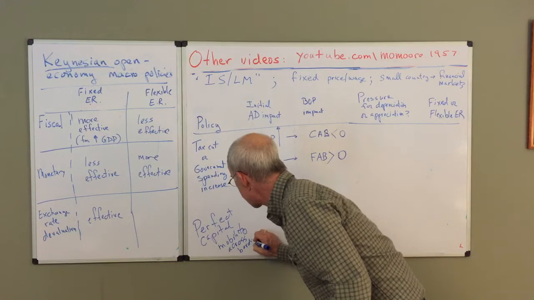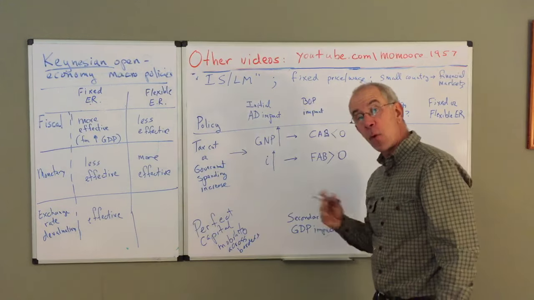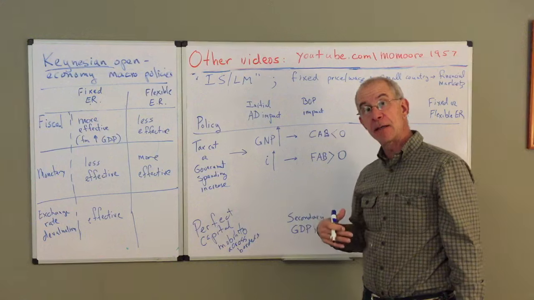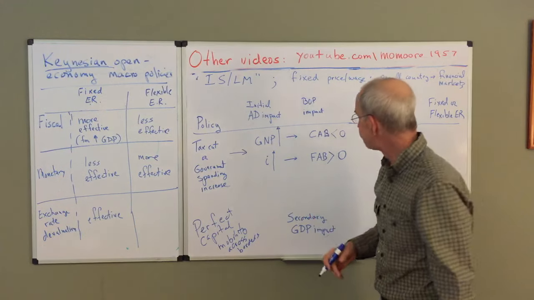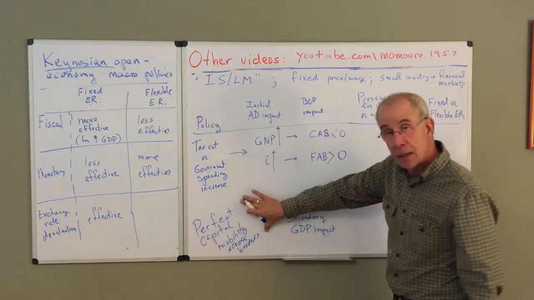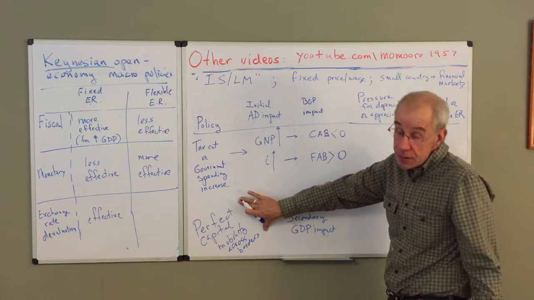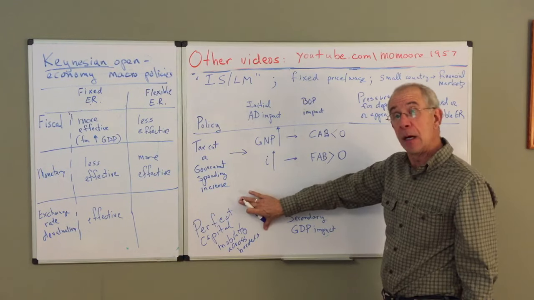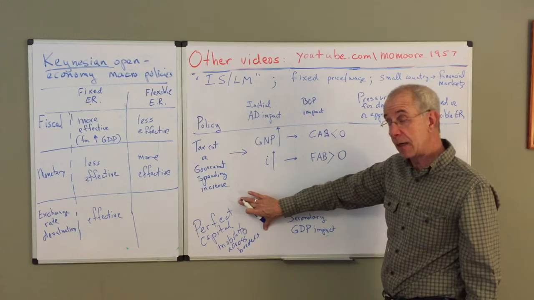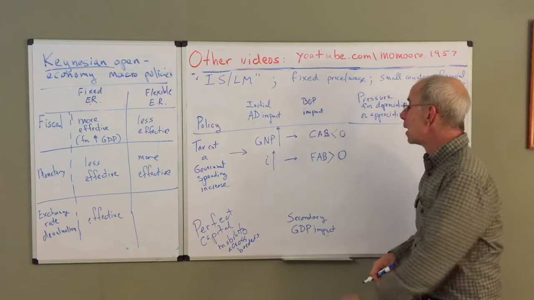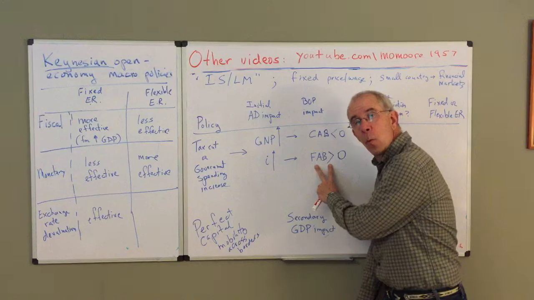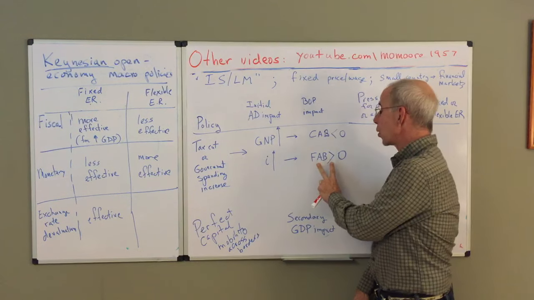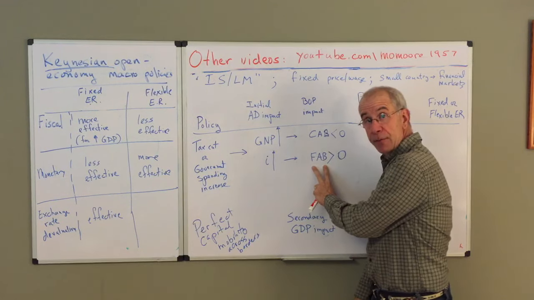There are no restrictions whatsoever on foreigners being able to buy domestic bonds or vice versa. When we have this high degree of capital mobility, which is really pretty close to what occurs in many countries currently, the pressures on the exchange rate are going to occur right here in the private capital account.